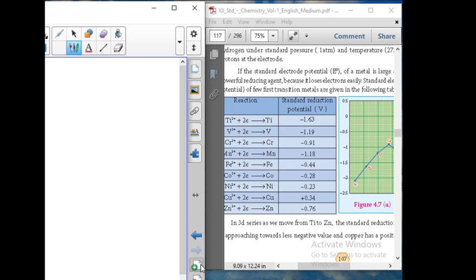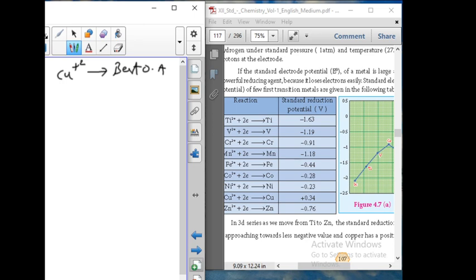But here the problem is, out of all the values, copper is having a positive value. So copper can act as the best oxidizing agent, and the remaining all can act as best reducing agents.